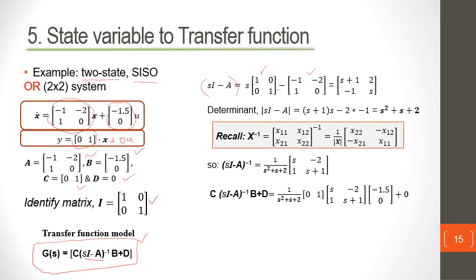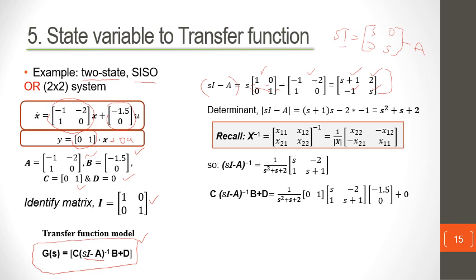So the S gets multiplied out to all the elements, and SI will simply give us S, 0, 0, S. Now if you minus A, then you are going to get S minus -1, which is S plus 1, and then you're going to get 0 minus -2, which is positive 2, and then you're going to get 0 minus 1, which is -1, and you're going to get S minus 0, which is S.